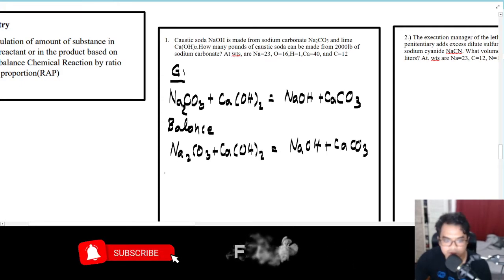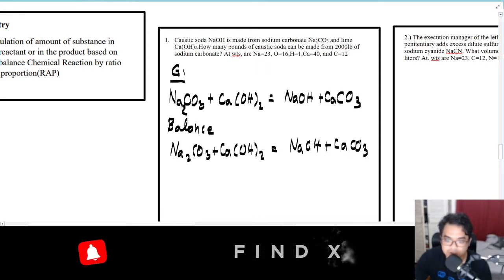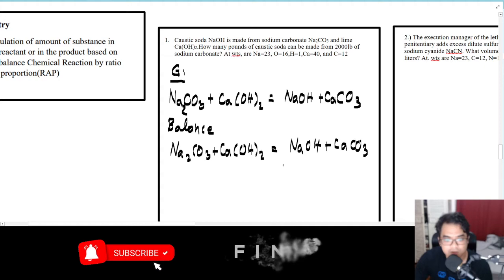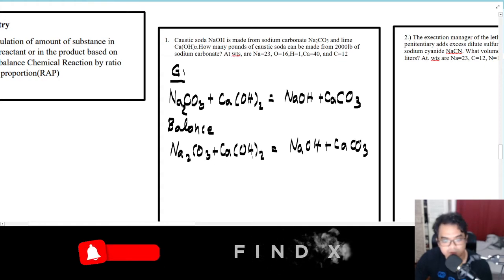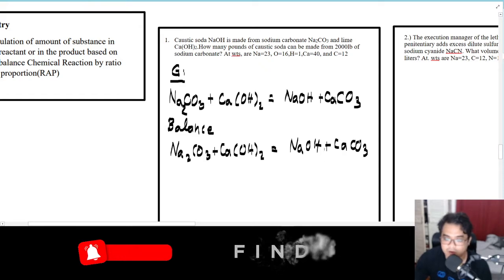We have two Na on the left side, and if you count the oxygen, we have four on the right side, and how many on the left side? We have five. So we're still lacking another oxygen here, and for the hydrogen there are two. So we're still lacking another hydrogen here.